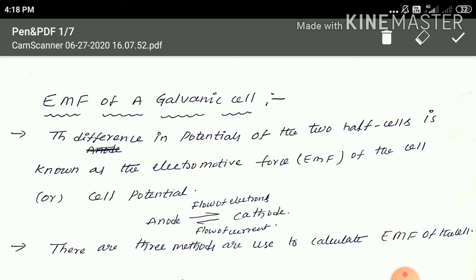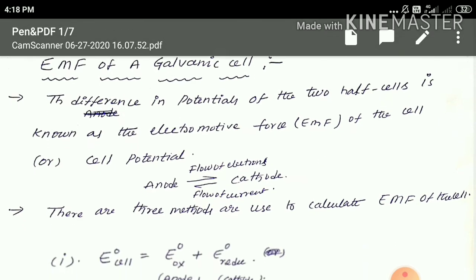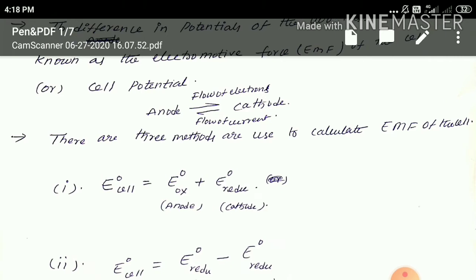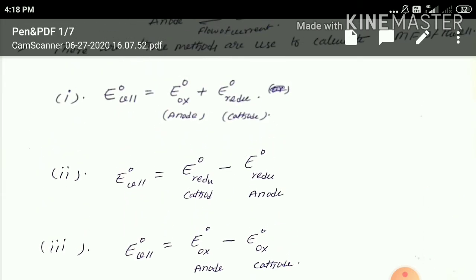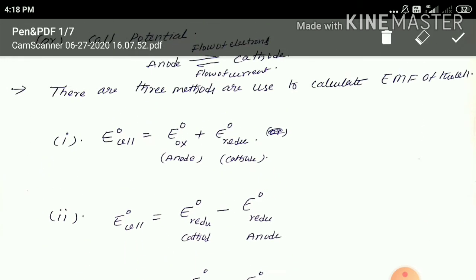However, that EMF value we can calculate in three ways. First way is, when you have the oxidation potential of the anode and the reduction potential of the cathode, at that time EMF of the cell is equal to the sum of the oxidation potential of anode and reduction potential of cathode, like this.